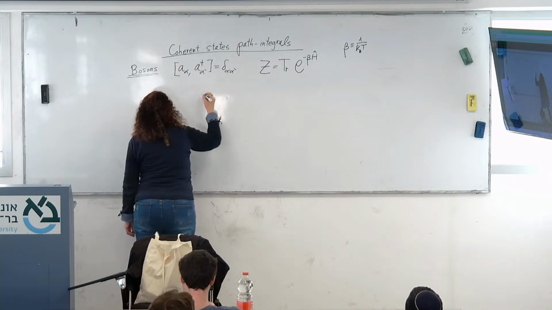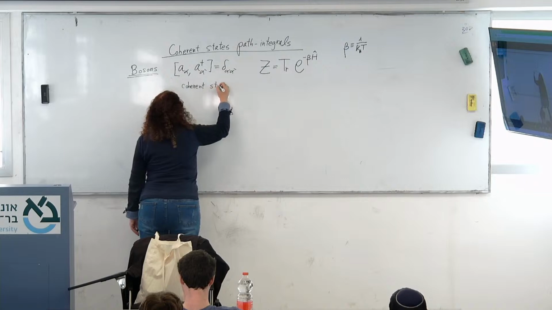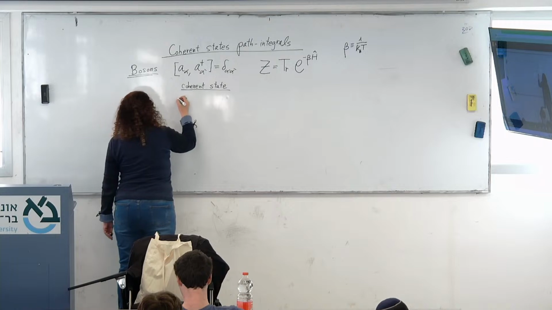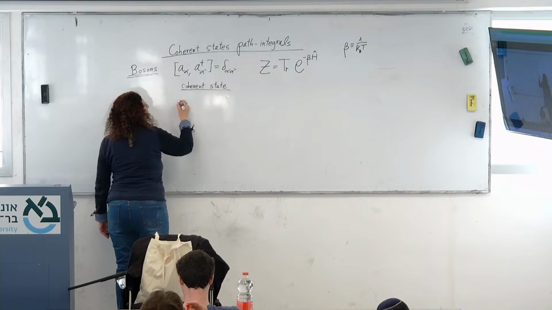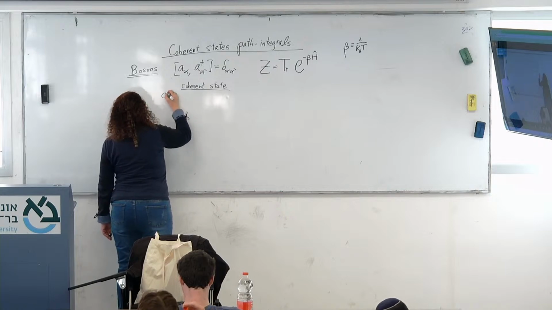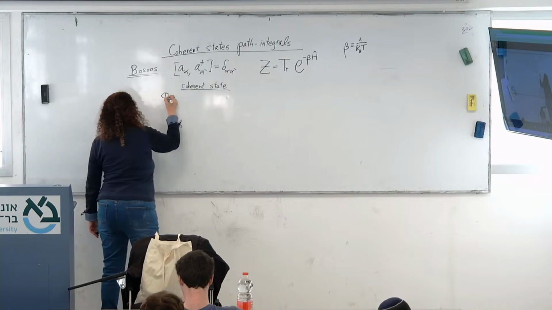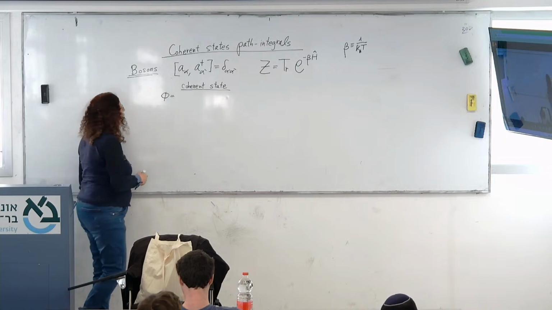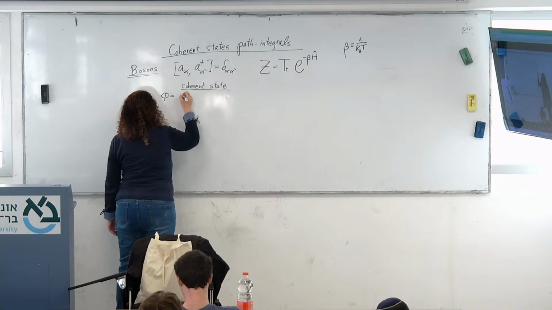So we define coherent states as follows. Each coherent state is characterized by a complex variable phi that is not just one number, it is in fact a vector.